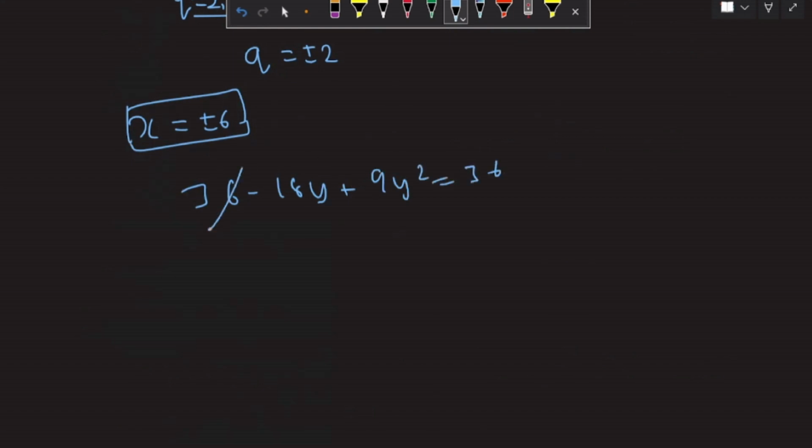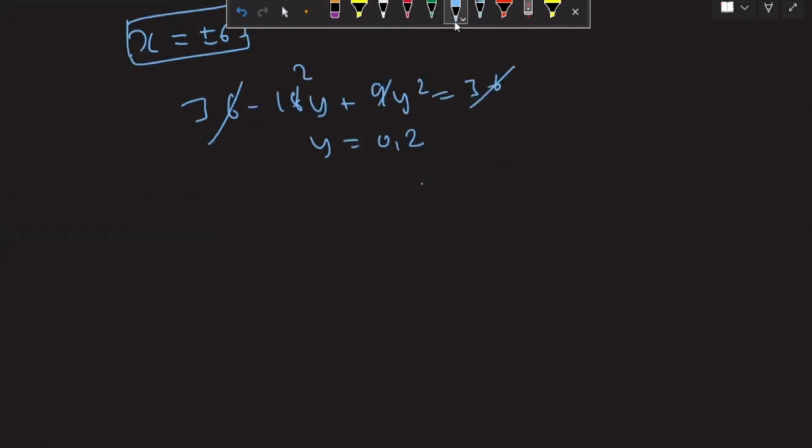So we can cancel out this 36, and this 9 becomes 2y. So we get y is equal to 0 or 2. So for x is equal to plus 6, we have the solution triplets x comma y comma p as 6 comma 0 comma 3, 6 comma 2 comma 3.